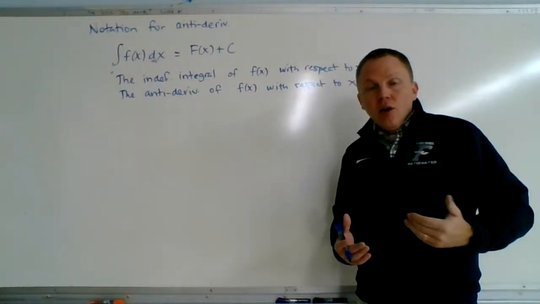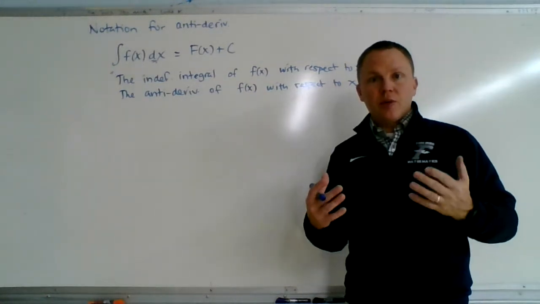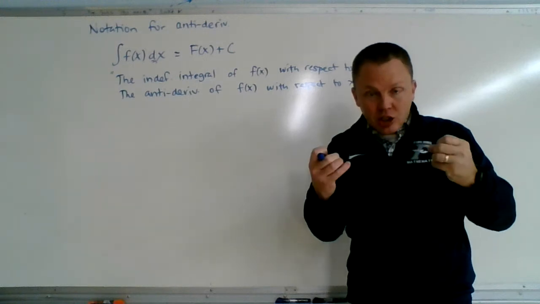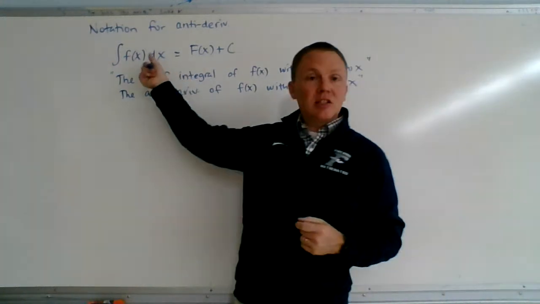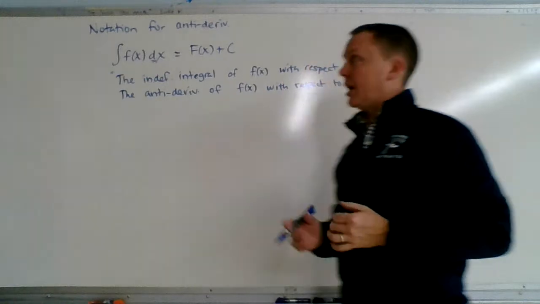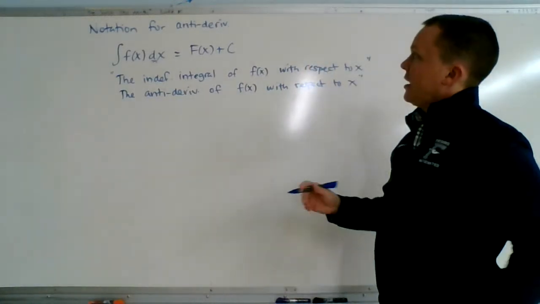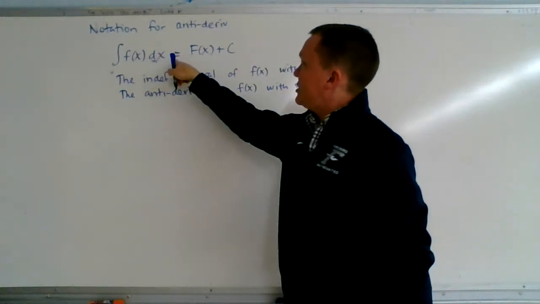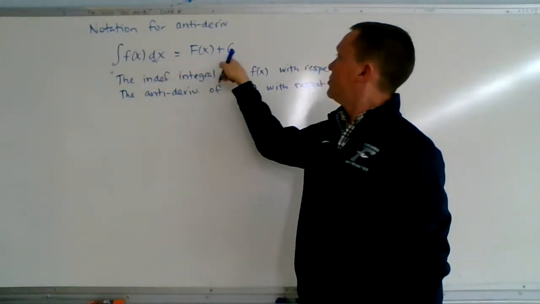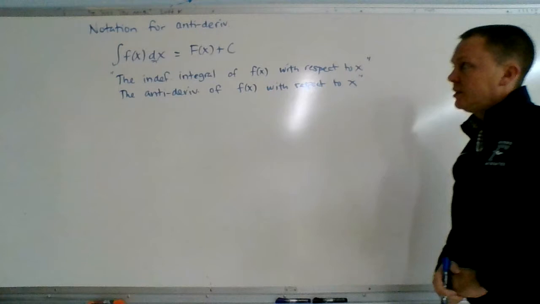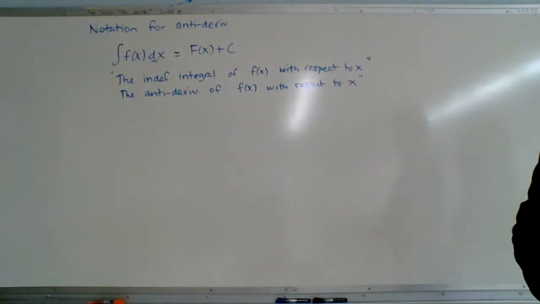Later on, when we get into definite integrals and we actually learn about what integration really is, this dx is going to take on a whole new meaning. So right now, just think of it as with respect to x. And then we're saying it's equal to some other function plus our constant of integration. That's how we're going to typically denote antiderivatives.